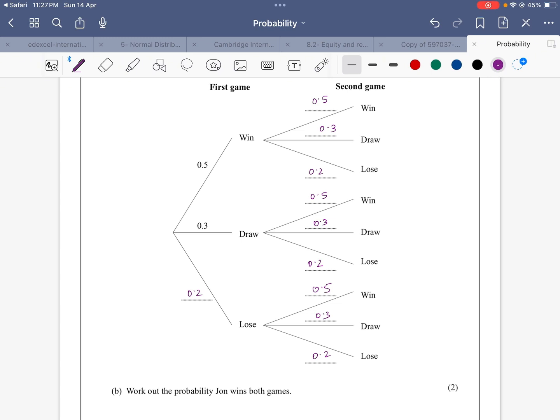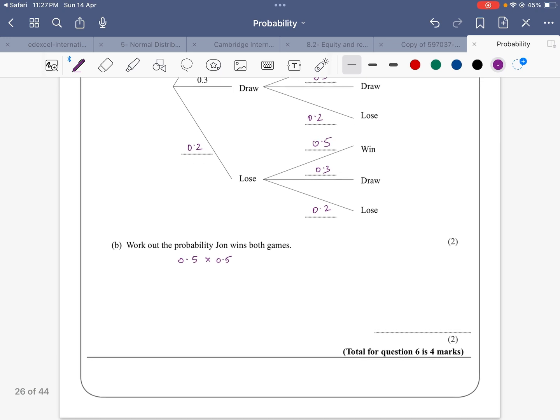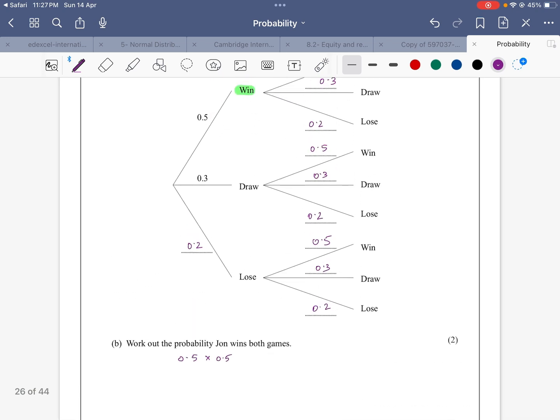So this is win and win means 0.5 multiplied by 0.5.